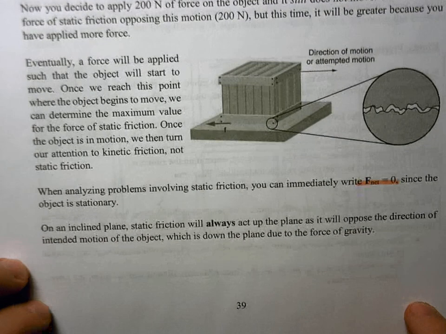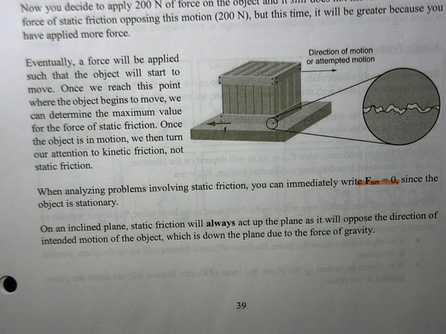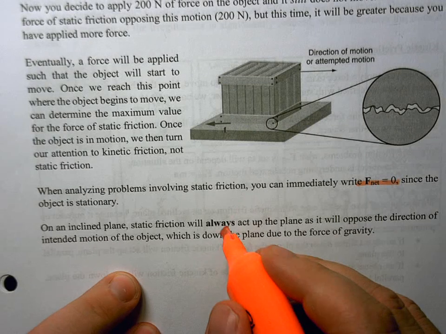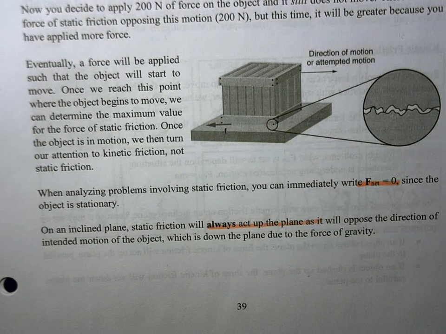There's one special case: if the object is experiencing static friction and it's on an inclined plane, the force of static friction is always going to be directed up the plane. What it's trying to do is oppose the direction of intended motion. If we had an object on an inclined plane, it would like to go to the bottom of the plane.